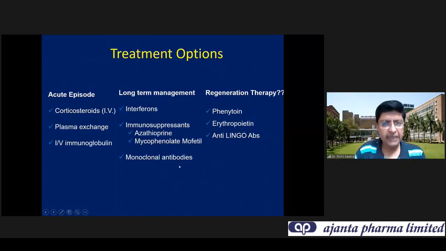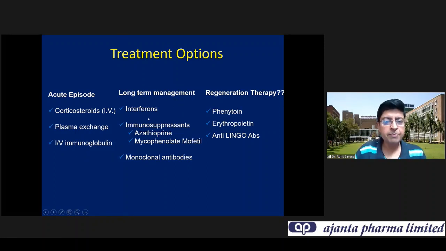You have a lot of treatment options, as I discussed, for optic neuritis. You start off virtually universally, unless it's infective, with IV methylprednisolone. In NMO, you consider plasma exchange, and IV immunoglobulins are now being discussed and used for multiple sclerosis related optic neuritis.